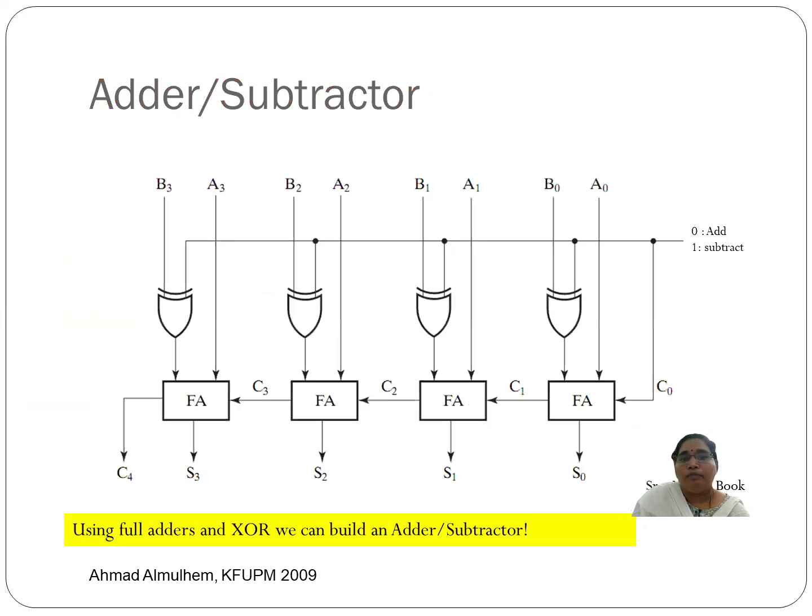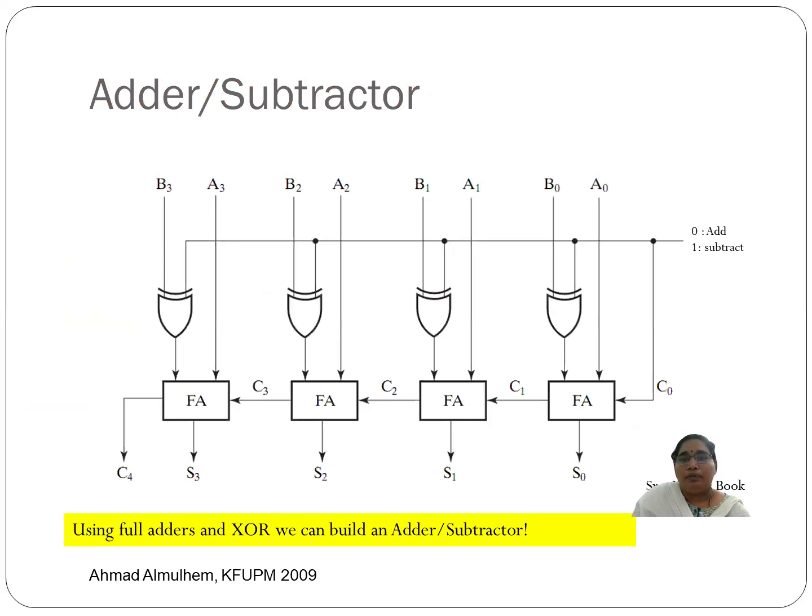Then the output of the XOR gates is the same as the second input, that is B0, B1, B2, B3. So A0, A1, A2, A3 is applied to the full adders as one input, B0, B1, B2, B3 as the second input, and a carry input of 0. So it acts just like a normal ripple carry adder, providing the sum output.